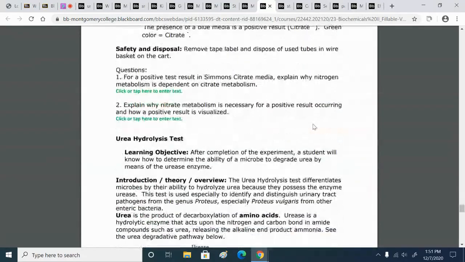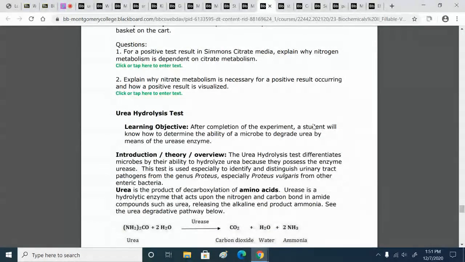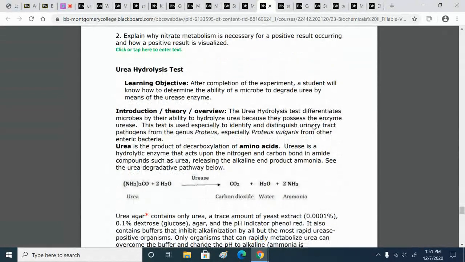Our next biochemical test is urea hydrolysis. So we have little agar deeps of urea agar, so they contain urea. If the bacteria have the enzyme urease, they will convert urea to ammonia, and that raises the pH.